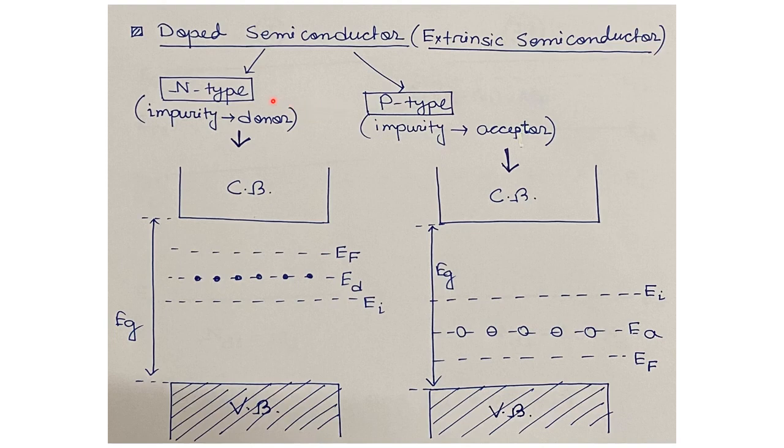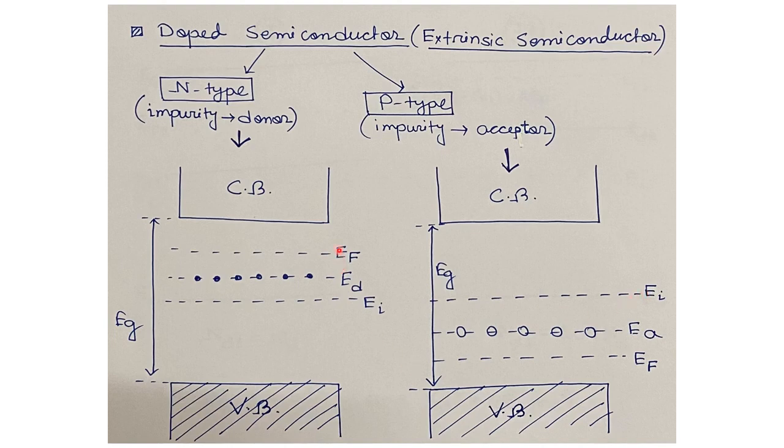In the n-type semiconductor, the doped impurity acts as a donor of electrons to the conduction band. Hence, the electron density in the n-type semiconductor will be increased. But in the p-type semiconductor, the doped impurity acts as an acceptor of electrons from the valence band. So here the hole density will be enhanced in the p-type semiconductor.